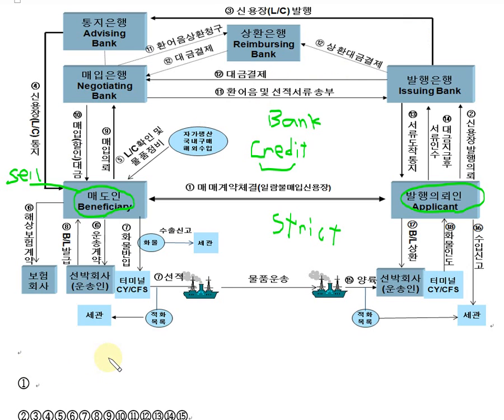This is the basic principle of the letter of credit. So you should keep in mind this basic diagram and principle, and I will give you explanations of how it works.